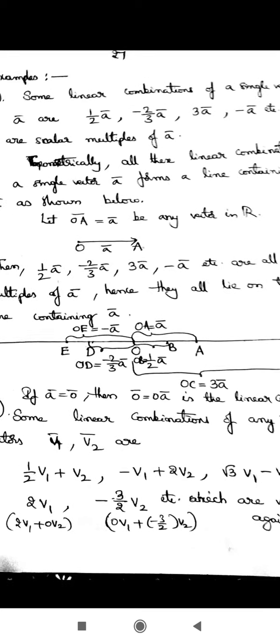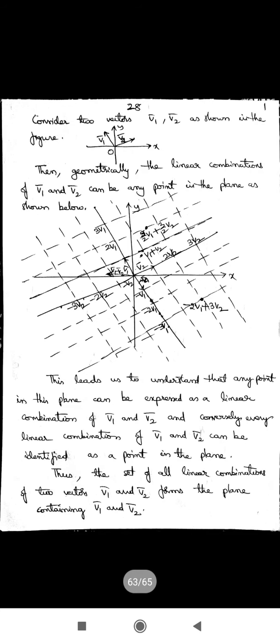So these are all linear combinations of the two vectors v1 and v2. As I said, these are not the whole set. I didn't give all the linear combinations, these are only some of them, and we can have an infinite number of linear combinations for a given set of two vectors v1 bar and v2 bar.